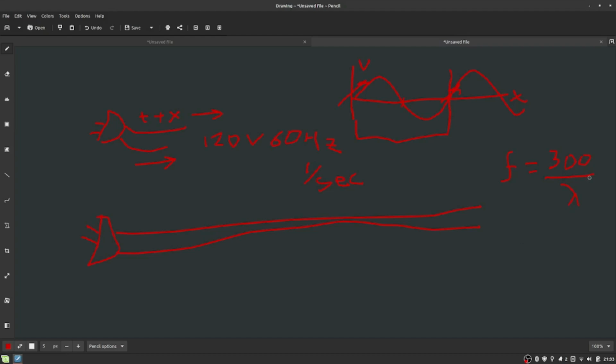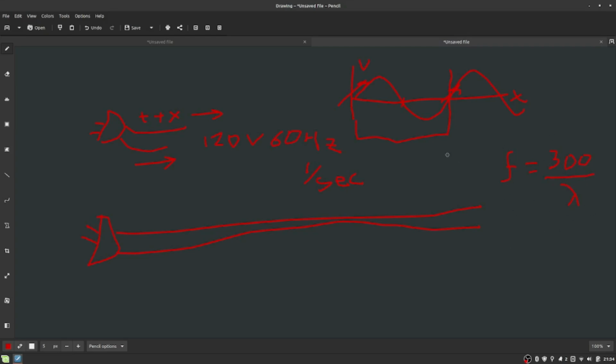Now the catch here, the wavelength is going to be in meters. The frequency is going to be in millions of cycles a second, so millions of hertz. And we're going to jump into that in just a second. And 300 million meters per second is the speed of light, give or take.